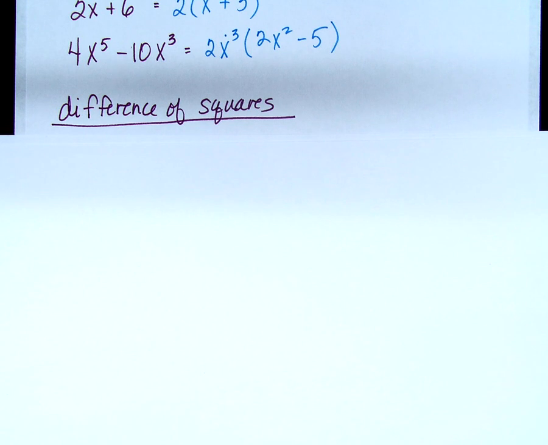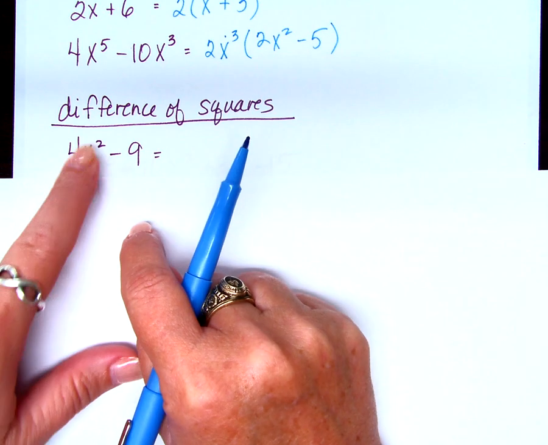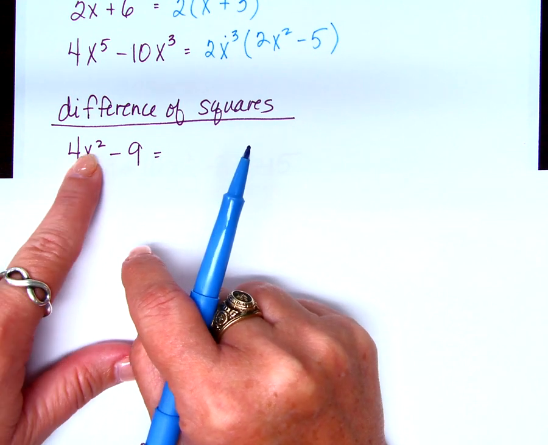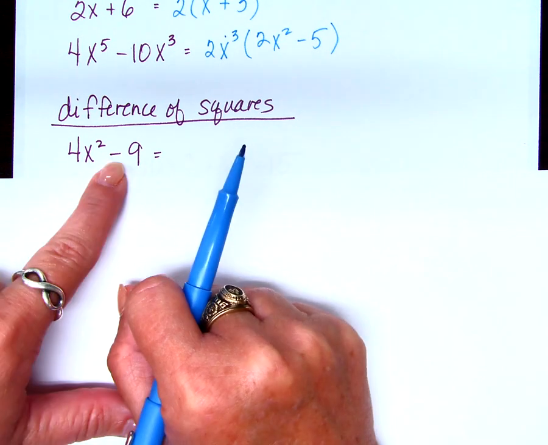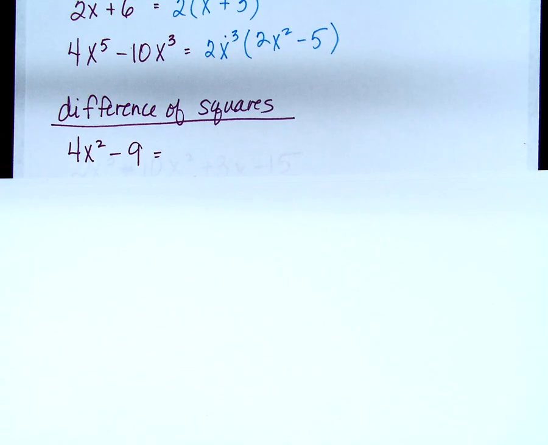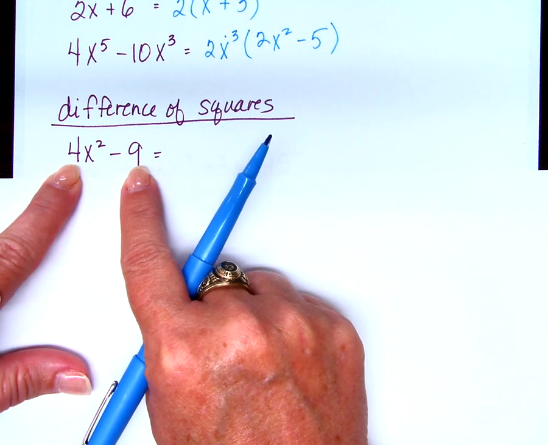So the difference of squares is going to look something like this. 4x squared minus 9. Because 4 is a squared number, x squared is a squared number, and 9 is a squared number. And it's the difference of these two squared numbers. Does that make sense? This is something you need to be able to recognize. That is the difference of squares. Does that make sense?